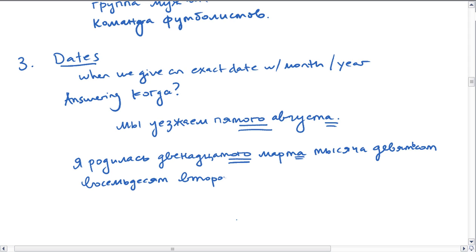And with a year, 1982 года, in this case we have the date, the month, the final digit of the year, and the word year, all in the genitive case.